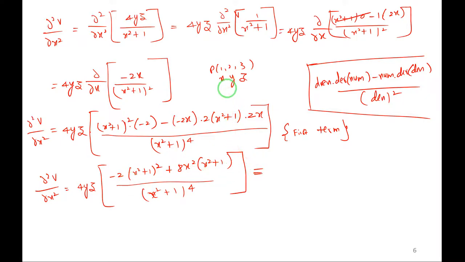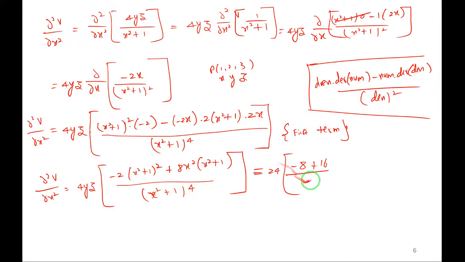So 4 into yz, right? First 4 into y is how much? 2 into z is how much? 3. So I'm getting 24 into, so x square plus 1 I will calculate. X square is 1, 1 plus 1, 2, 2 square is 4, 4 2s are 8, minus 8. Then next, this one: 1, 1 square is 1, 1 plus 1 is 2, 2 8s are 16, 16 into 1, 16 only, plus 16, divided by, x is 1, right? 1 plus 1, 2, 2 to the power of 4, 2 to the power of 4 is how much?